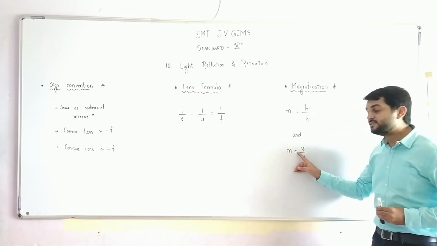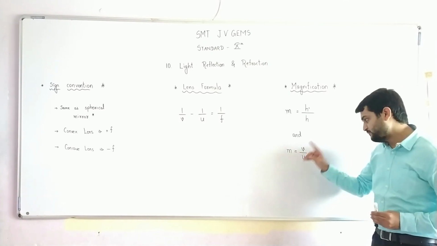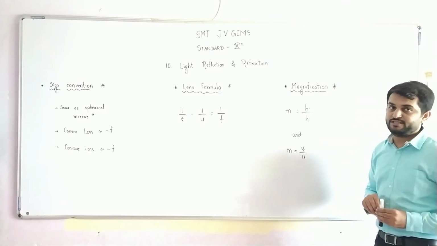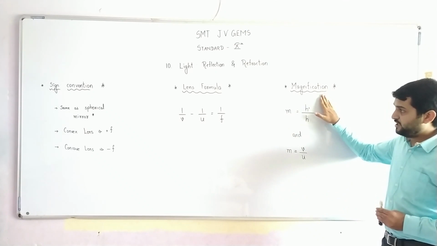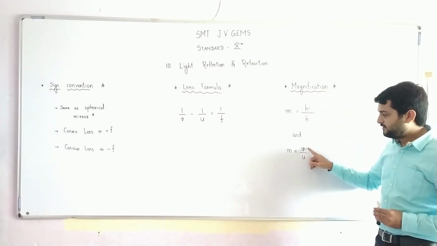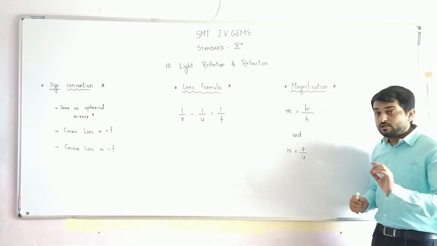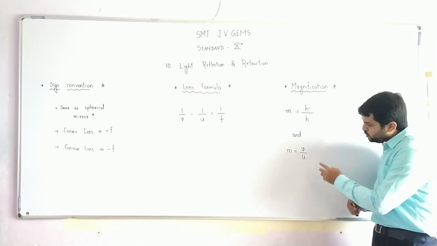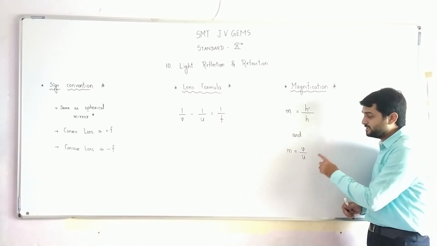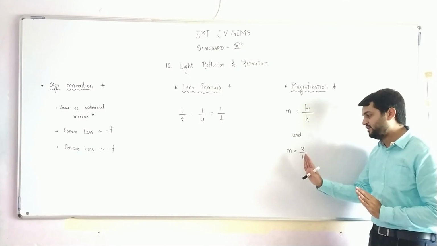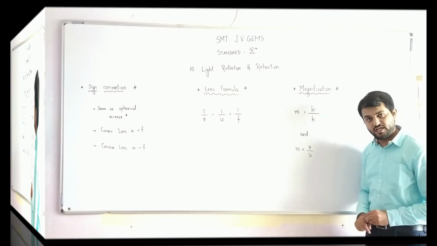For the lens, there is no negative sign over here, but in the mirror we had a negative sign. So remember, magnification for the lens is positive V by U. As for the sign convention, you may have to take V negative and U negative, but in the formula of magnification, the negative sign does not appear.